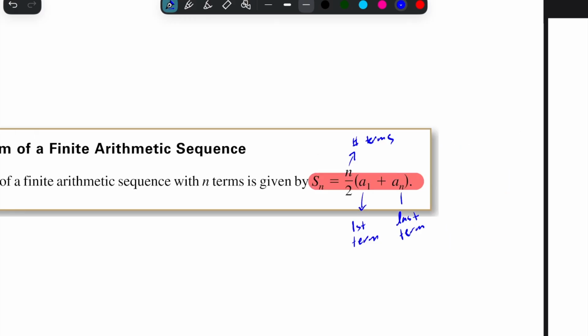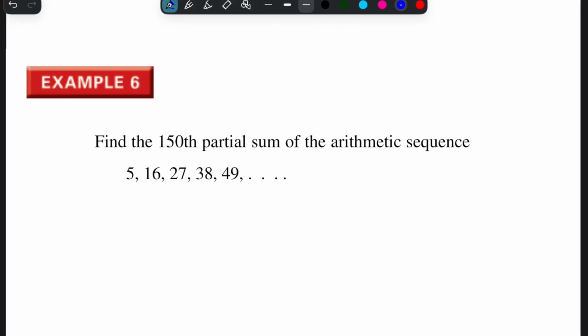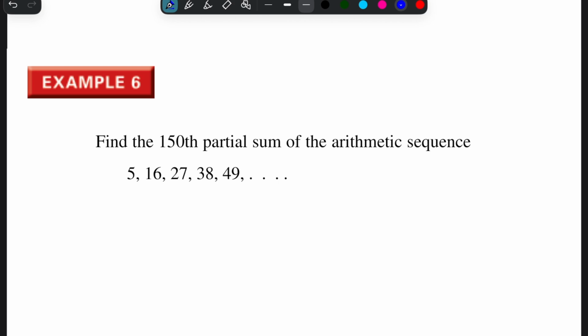All right, let's do a couple examples of finding these sums. I want the 150th partial sum of this arithmetic sequence: 5, 16, 27, 38, 49. Remember, I'm looking for the 150th partial sum, so that's going to be 150 divided by 2 times my first term plus my last term, A150.